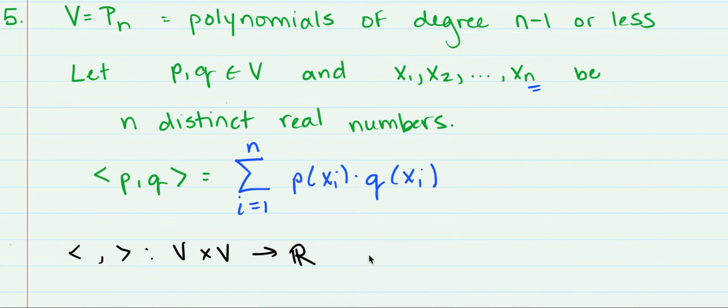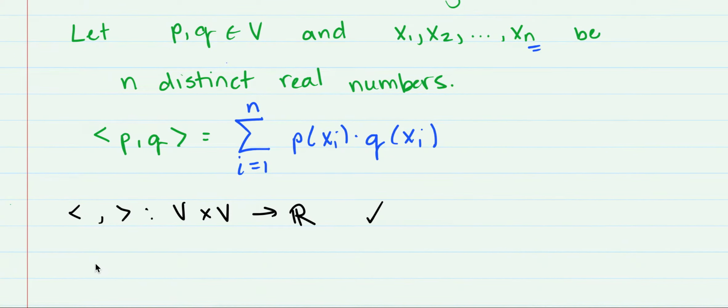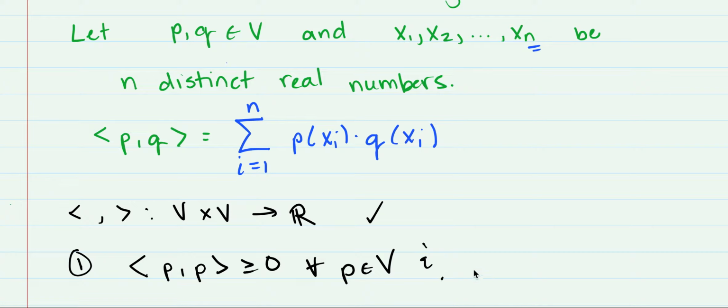Okay, so that's fine. Then we have to check that, well, let's use a different letter other than x. Let's say the inner product of p with p is greater than or equal to 0 for all p in our vector space. And if the inner product of p with p is 0, this is true if and only if p is 0.